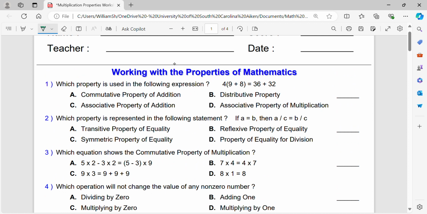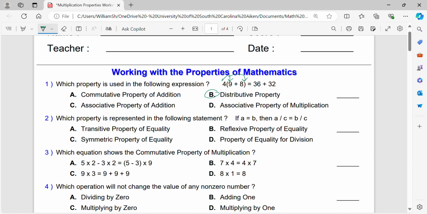Now, what exactly happened here? We went from some kind of multiplication to basically an addition. Hopefully you can see that all we did was distribute the 4 to the 9 and the 4 to the 8, because 4 times 9 gives us 36, and 4 times 8 gives us 32. All that did was exemplify the distributive property.